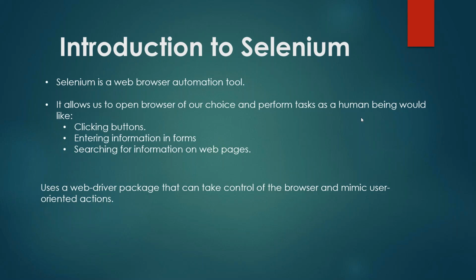Whatever functions human beings were doing earlier on a web page, like clicking buttons, entering information in forms, and searching for information, which is basically scraping, will now be done by Selenium. Why? Because it is an automation tool. Everything will be done by the machine, not by the human. Am I clear?